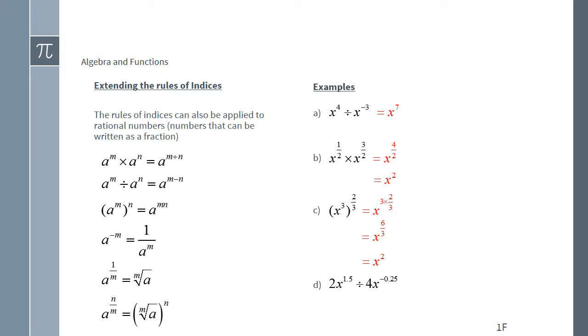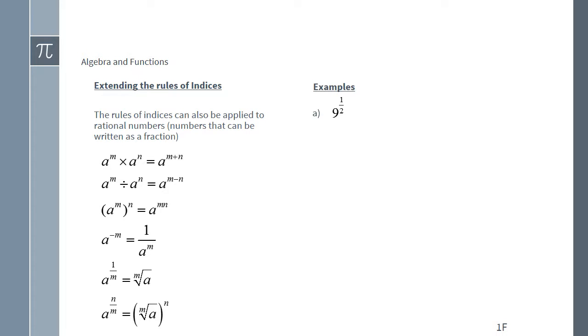Little numbers next, x to the 1.5 divided by x to the minus 0.25, that's a take away, so it's 1.5 minus 0.25, or 0.5 x to the 1.75, or alternatively you could write it as a half x to the 7 over 4. Fractions tend to look nicer than decimals, so where possible try to make the answer look nice. A half x to the 7 over 4.